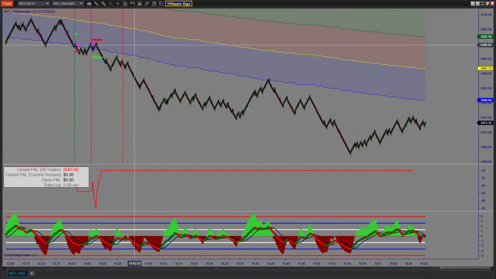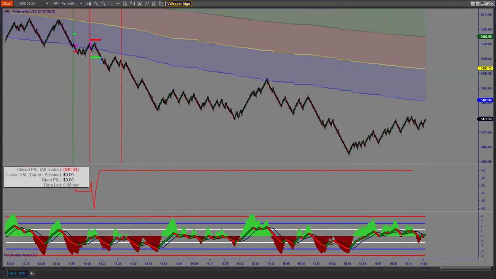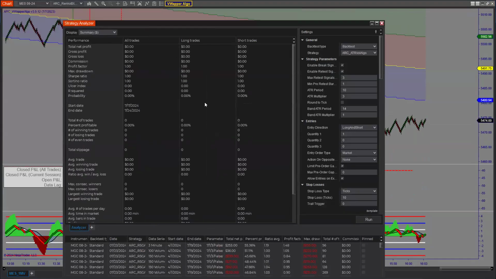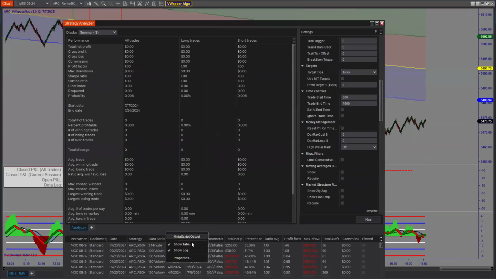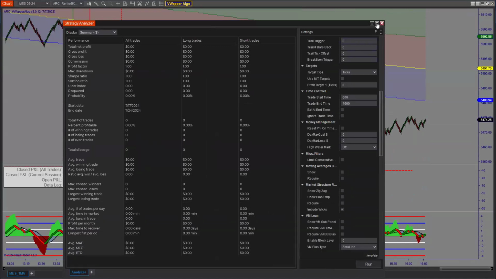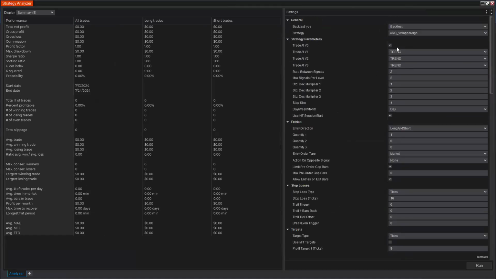So let's go to the strategy analyzer now that we know what we want to run this with. And let's go to VWAPR. All right, so we're going to set it to both to start.